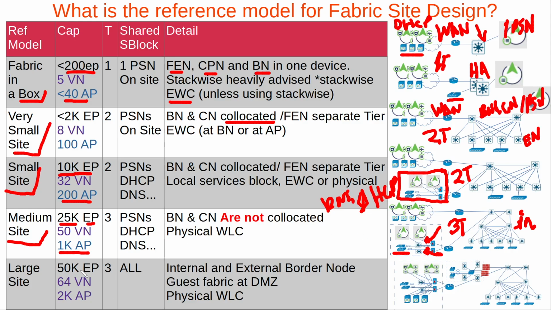And if you need up to 50,000 endpoints or up to 2,000 access points, you can go for the large site deployment. In this case, we are still using a three-tier design, but we can add another block that will serve the guest users in the DMZ zone in our firewalls, and all of our servers will exist in our shared services block.